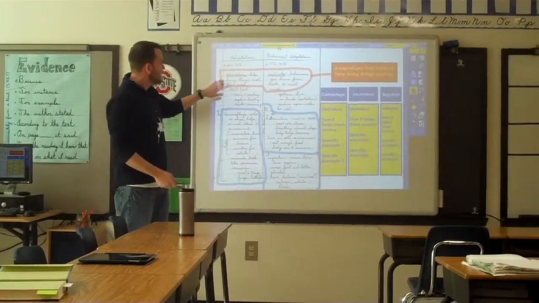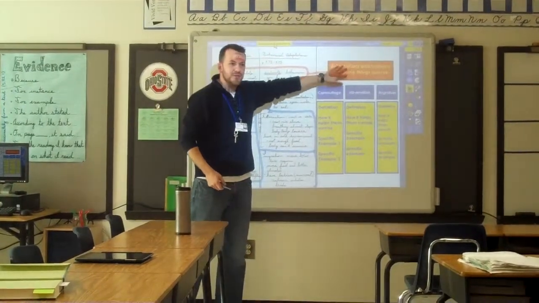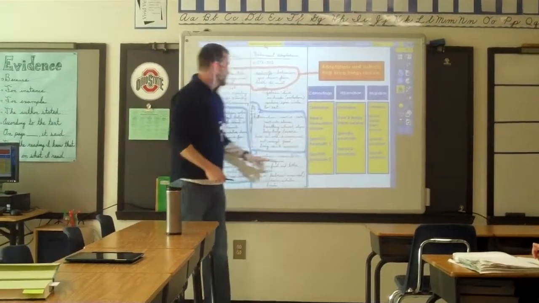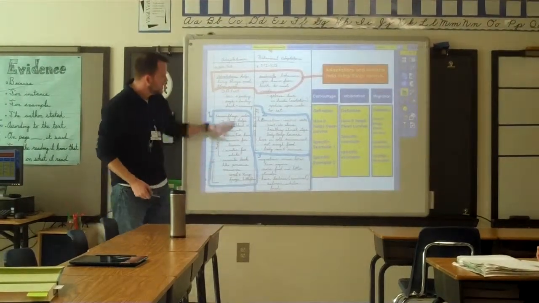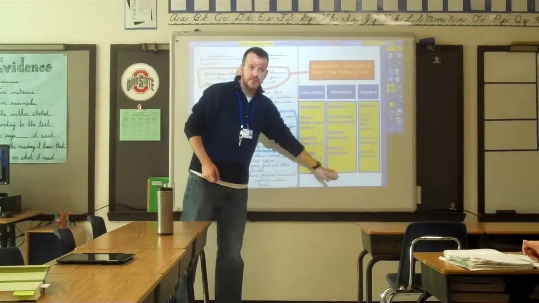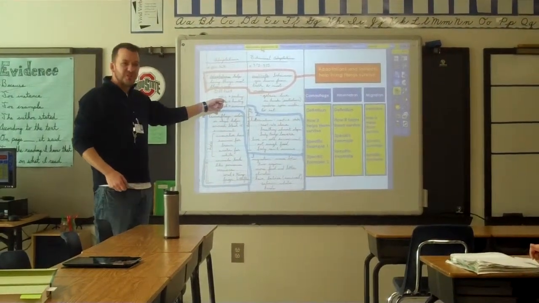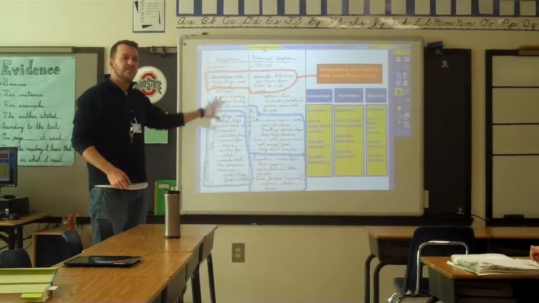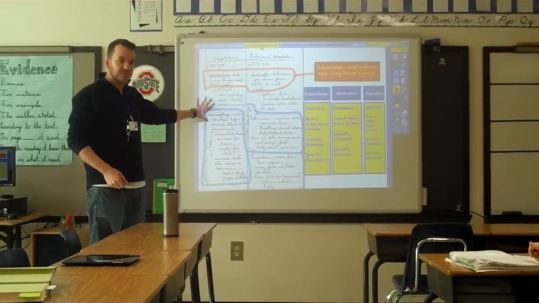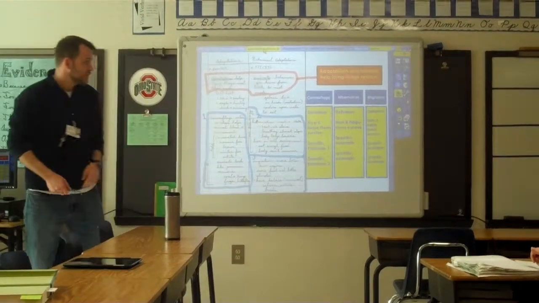I was able to highlight the areas and then plug it into a graphic organizer so that they could see where the different pieces came from in our notes and how we were going to organize the writing. But originally, if you had done this on a sheet of paper, it would have been difficult to have it up here as an example for the rest of the students to model and follow. So that works really well.